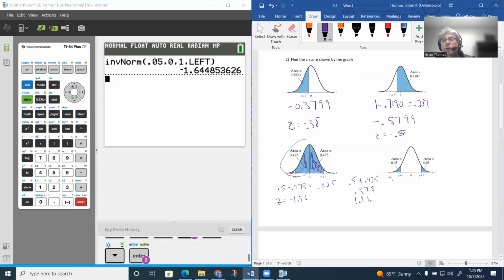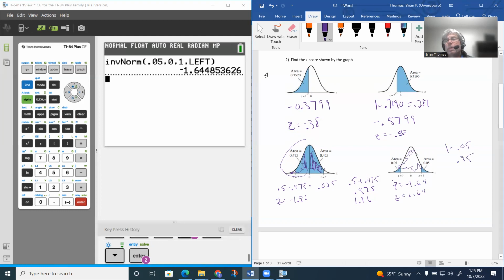So if this z-score is negative 1.64, because of symmetry, this other one should be also 1.64. It's just going to the right of 0, so it should be positive. But if I was finding the area of it, again, I would have to go like 1 minus the 0.05. So 1 minus the 0.05, in other words, 95% of the area is covered.